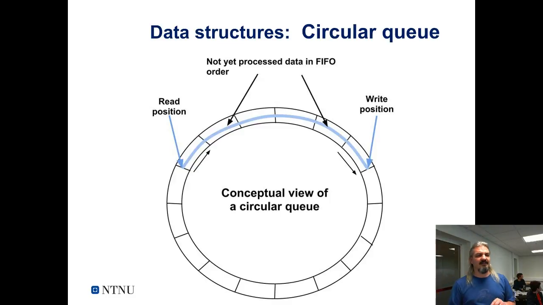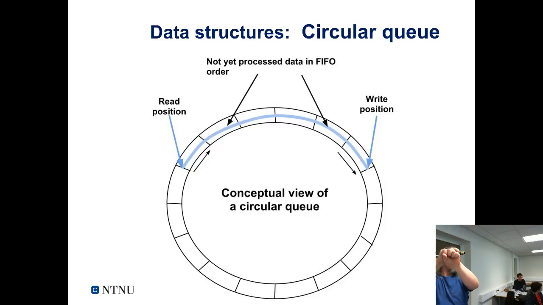Circular queues are also quite useful. You have a read position and a write position, and as you get to the end, you move back to the beginning and start overwriting that material. So you have a write head, which is writing your data, and a read head that's reading off data, and when the write head gets to the end, it jumps back to the beginning and starts overwriting the data you've used. This should block once your write head hits the back of your read head.